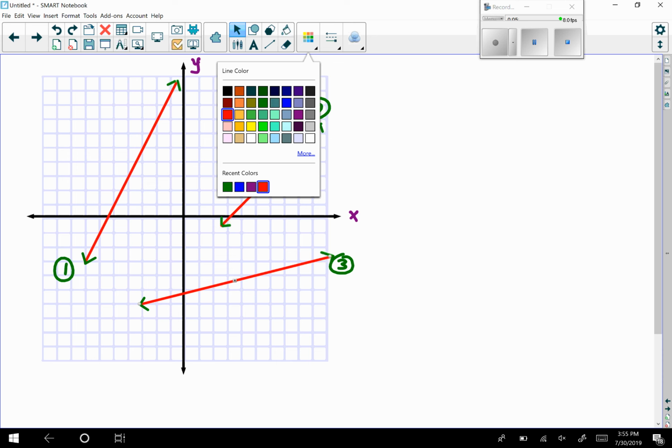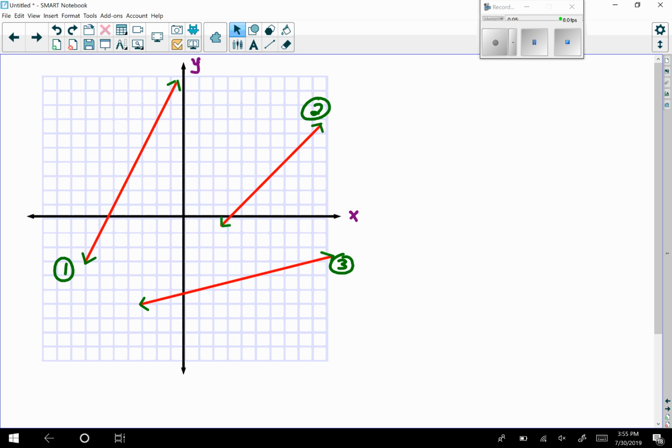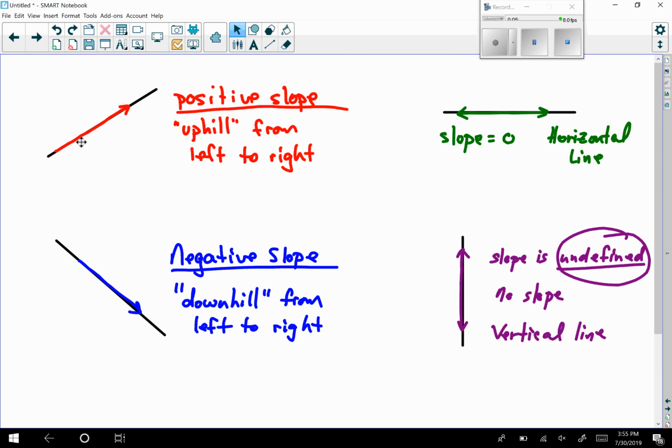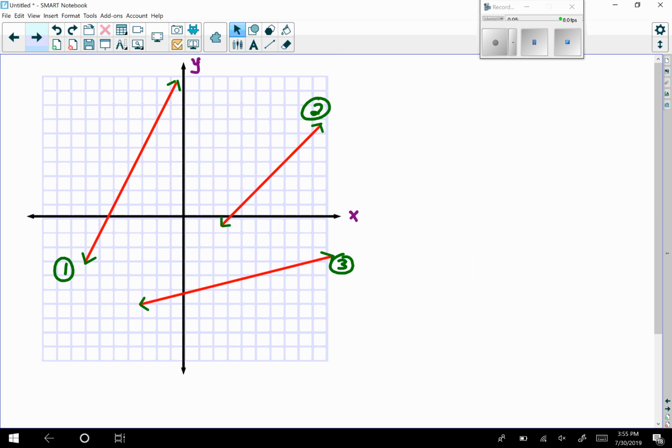I want to keep it color-coded here. So if I'm looking at all three of these lines, notice we are going uphill from left to right. So this is this positive direction or positive slope that we're looking at. In order to calculate slope from a line, we want to find two very good ordered pairs.